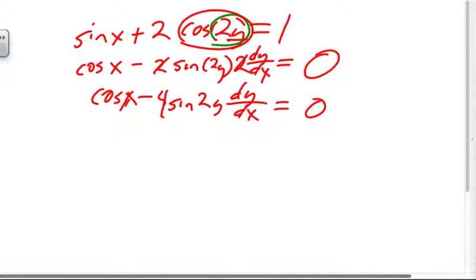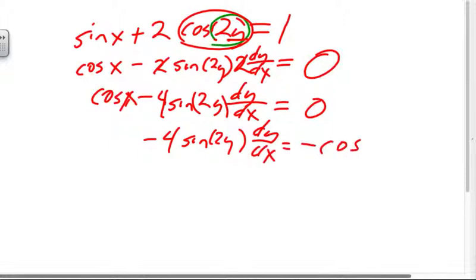Okay, so now we solve for dy dx. I'll move my cosine of x over. We want to have negative 4 sine of 2y dy dx equals negative cosine of x. And I'm going to divide by my negative 4 sine of 2y.